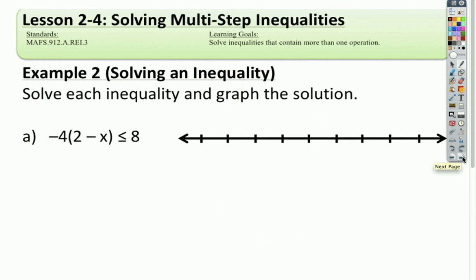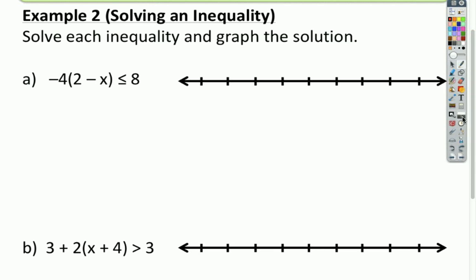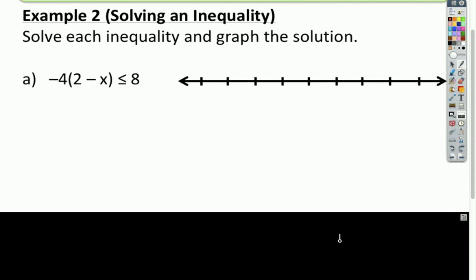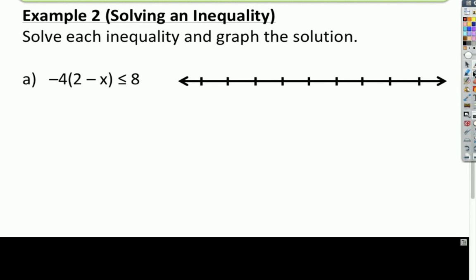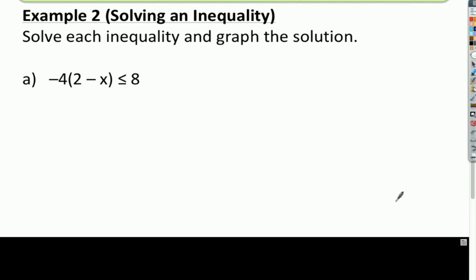And so we're going to take it a step further. So there is nothing new. So it's really just a review, but we got to pay attention to the inequality rules.